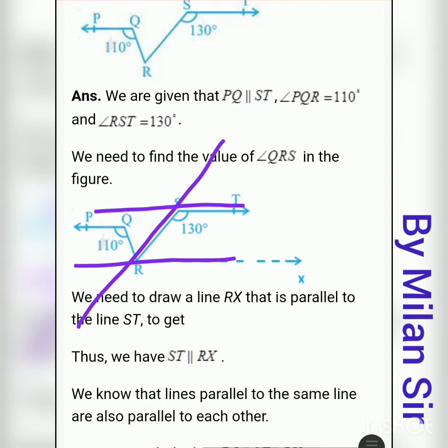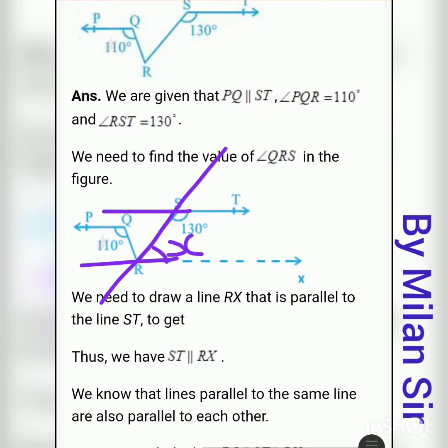This angle and this angle are both interior angles on the same side of the transversal. First of all, just give the name x. So x and 130 are both interior angles on the same side of the transversal, and we know this property: the sum of the interior angles on the same side of the transversal is equal to 180 degrees, right?